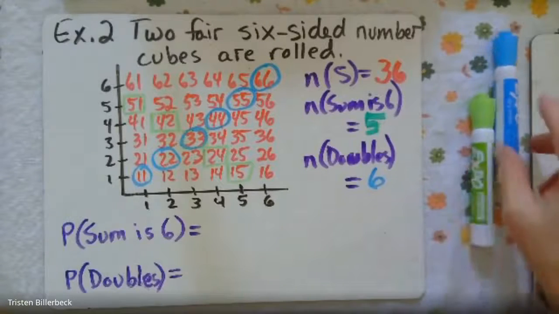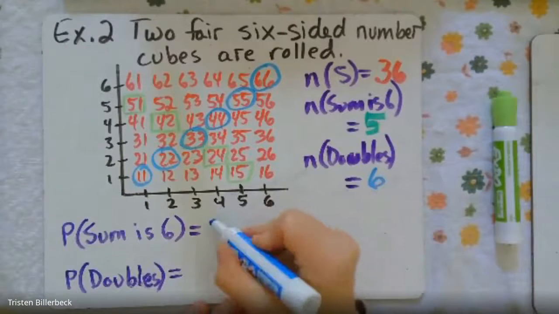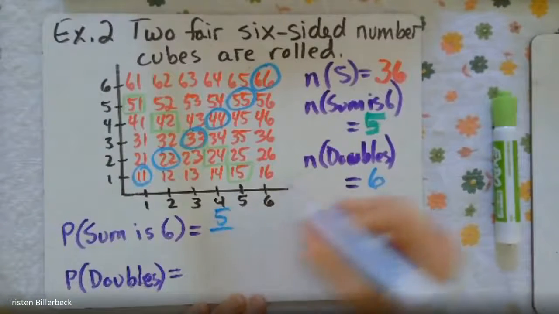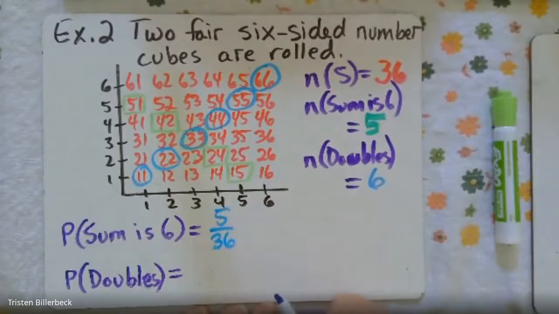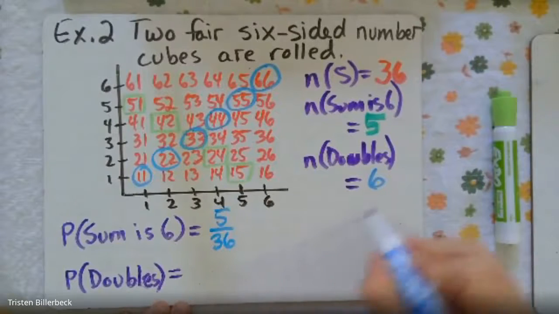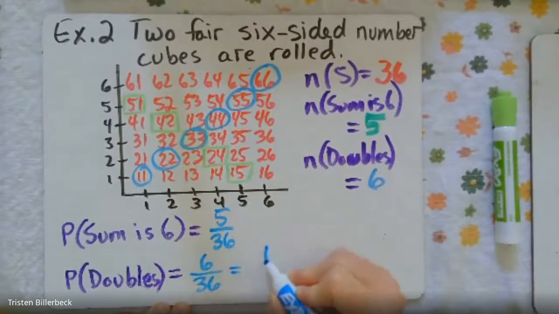Now if we look at the probability, the sum is 6, we have 5 over the total sample space, which is 36. This we can't reduce, so we can leave it as a fraction. And the probability of doubles is 6 over 36, which is 1/6. So that would be the probability of rolling doubles, 1/6 of the time.